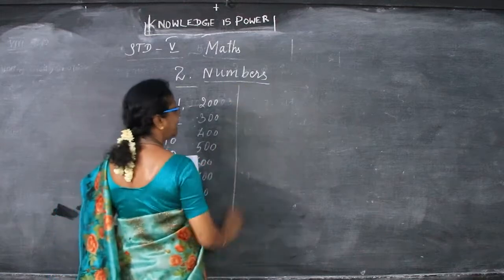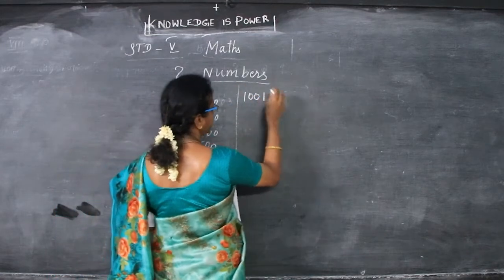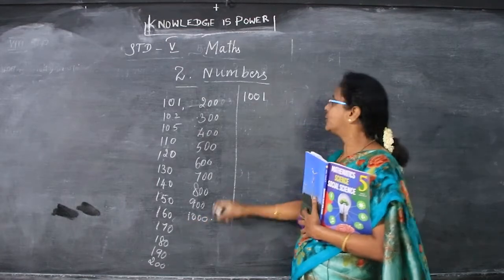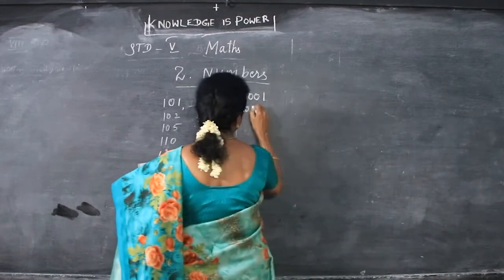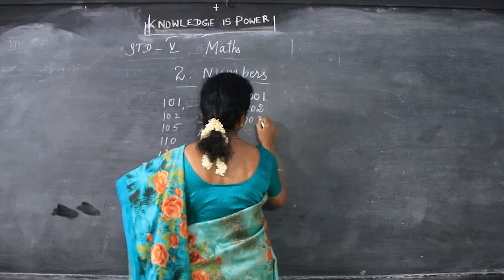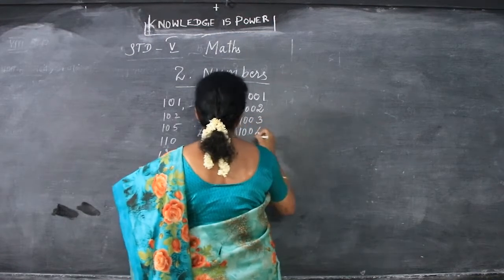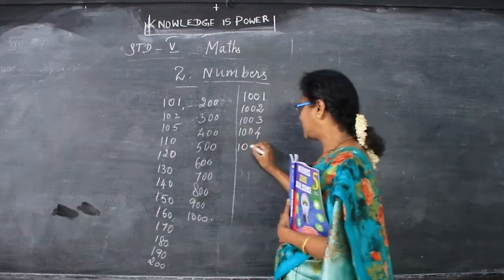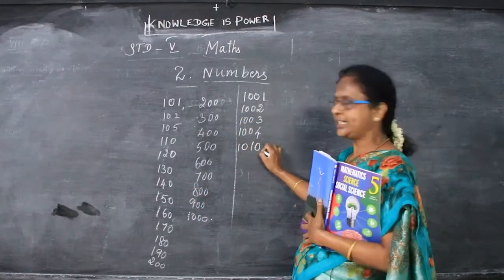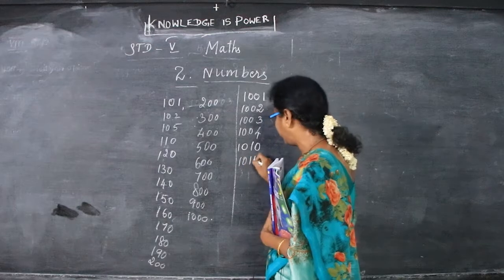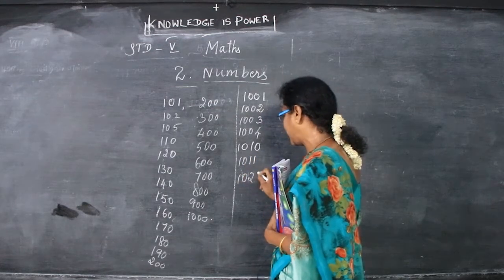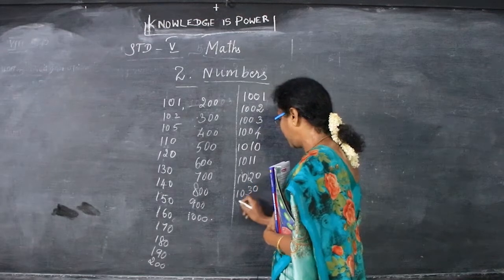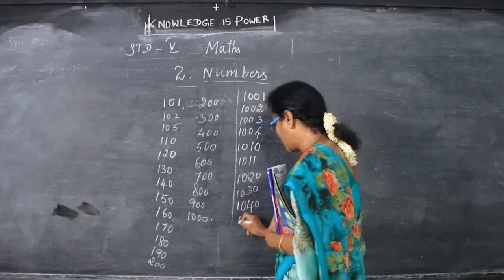After that, again, what will we write? 1001. You should not put 3 zeros after 1000 for 1001. This is 1001, 1002, 1003, like this we will write 1004. Then 1010, you have to write 1010. After this 1011. When counting by tens: 1020, 1030, 1040, 1050.